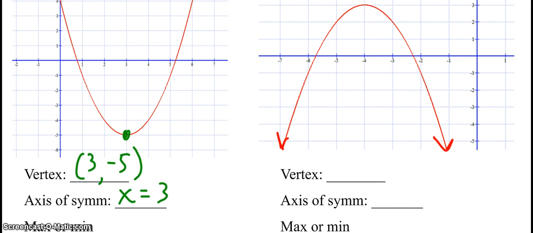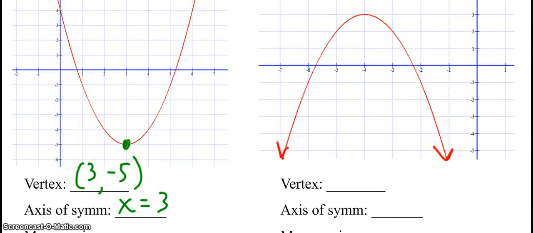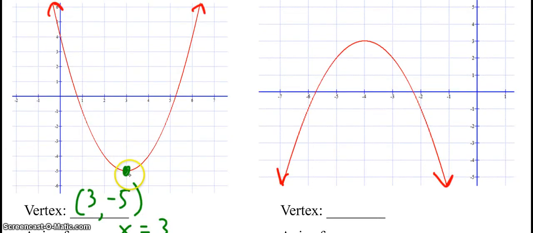Now, this is where we get into some new stuff. So maximum or minimum. So would you describe the vertex here as a minimum point or a maximum point? And what you want to think about is, is it the lowest point on the graph or is it the highest point on the graph? Would you describe it as the bottom or would you describe it as the top?